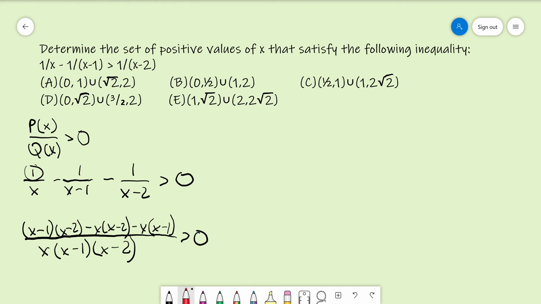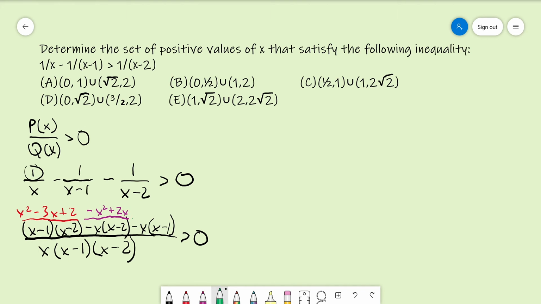Well, let's just write what this comes out to be. From this part, we get x squared minus x minus 2x is minus 3x. Minus 1 times minus 2 is plus 2. Over here, we have a minus x squared and a plus 2x.